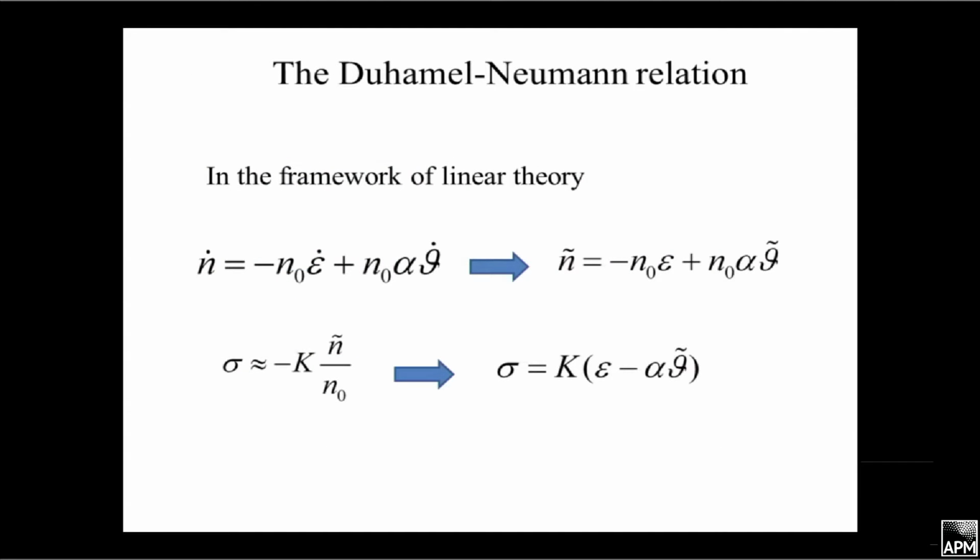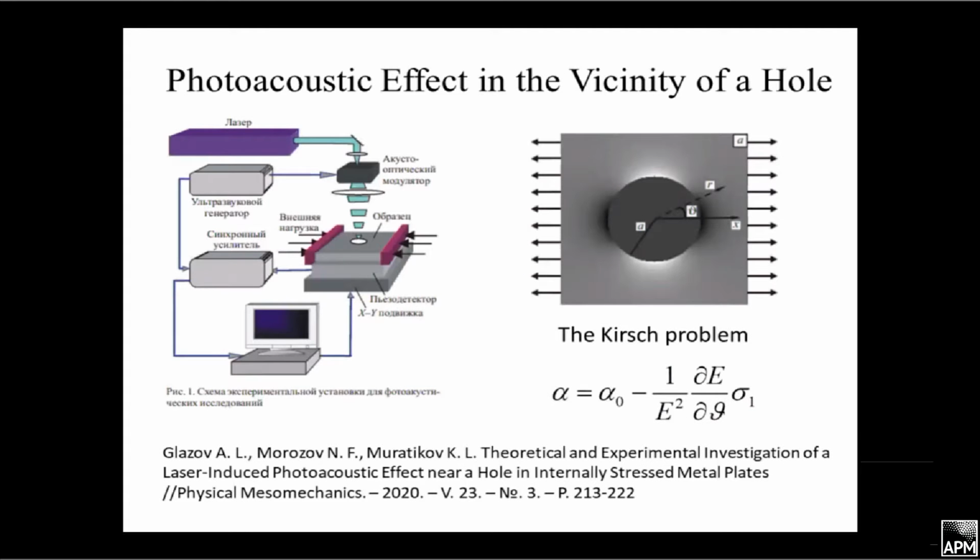It is also very often used in the analysis of thermomechanics, but still we're not fully satisfied with this relation. So, two words about some experiments. This experiment is about the photoacoustic effect in the vicinity of a hole in ceramics and in metals.